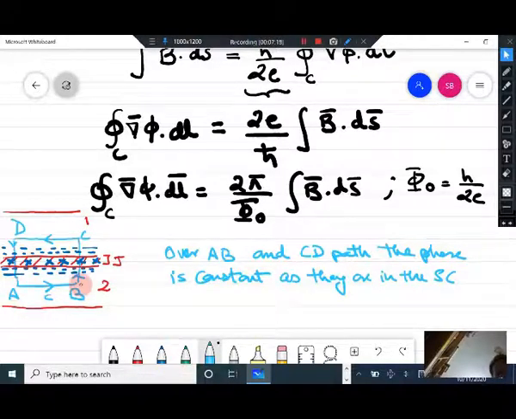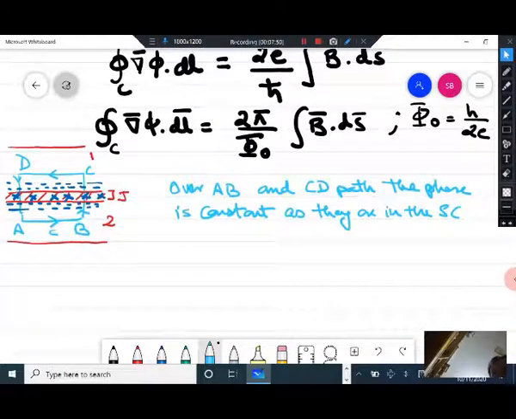Over AB the phase is not going to change, and over CD the phase is not going to change because they are deep inside the superconductor. The phase is going to change only when you go from B to C and when you go from D to A, because you are going from one superconductor to another. Only in these regions the phase will change. Inside a given superconductor the phase is constant. You are far away from the junction, so there is no reason why the phase is going to change over AB and over CD.